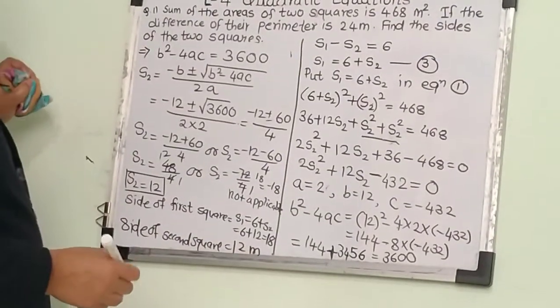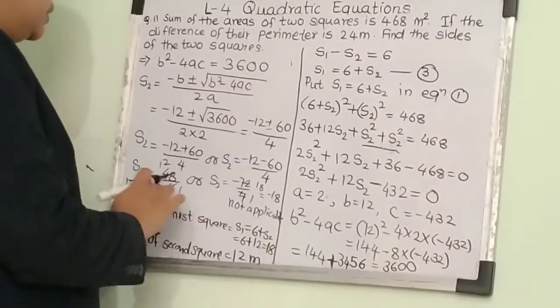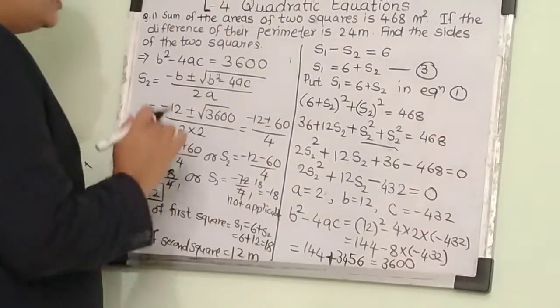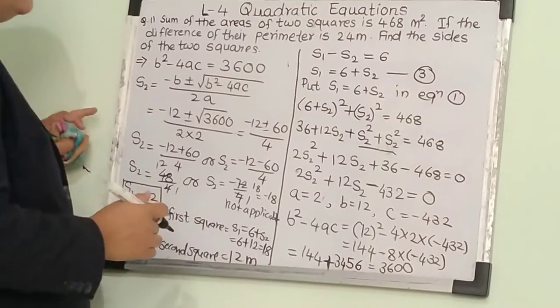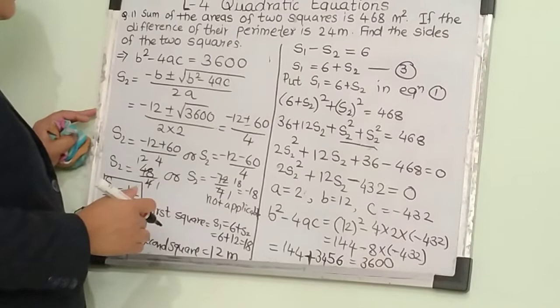So respectively we get the sides of the two squares, that is 18 meter and 12 meter. In this way we can solve word problems by using the formula method.